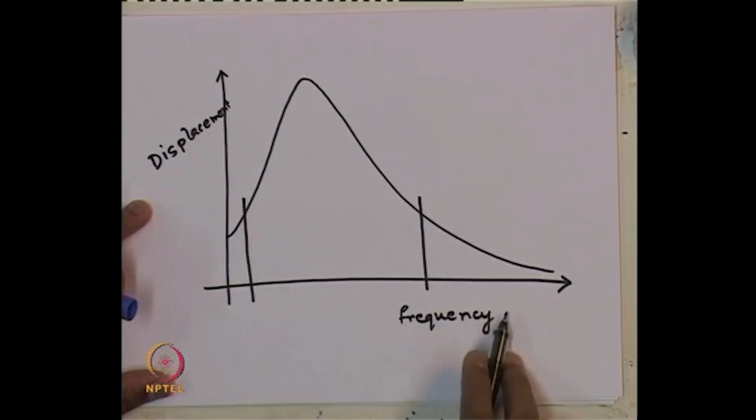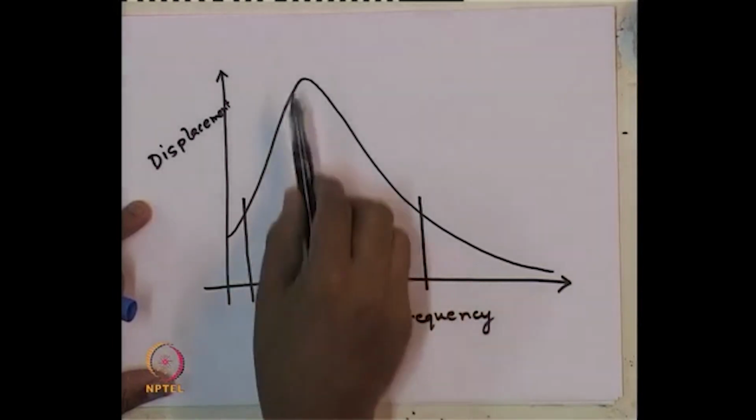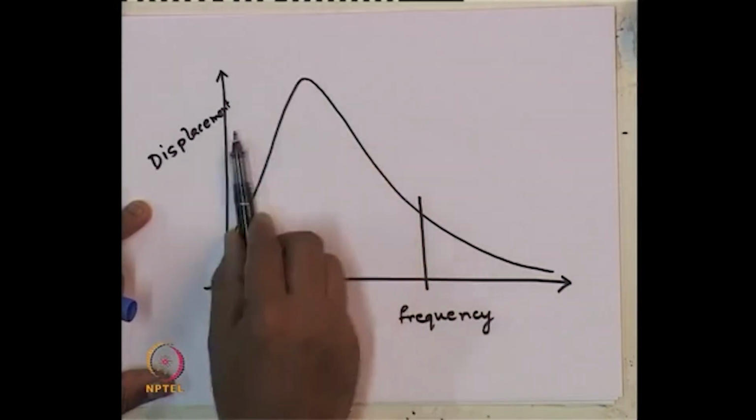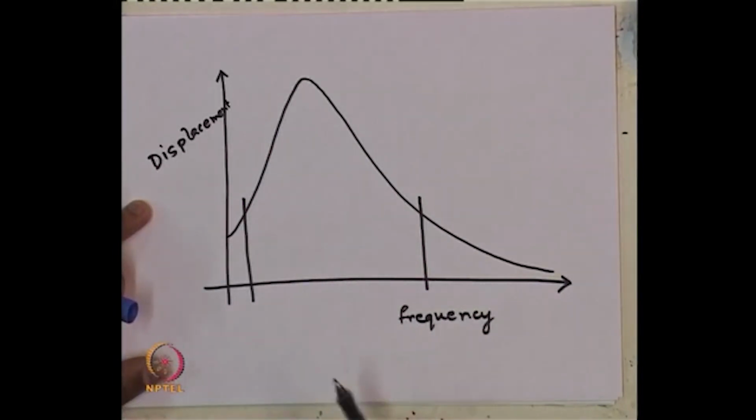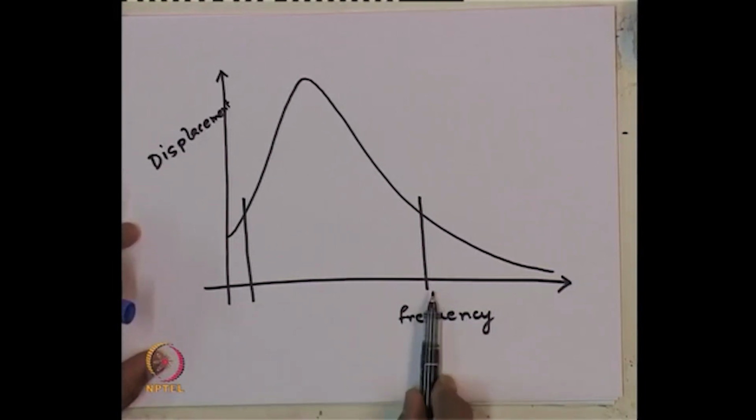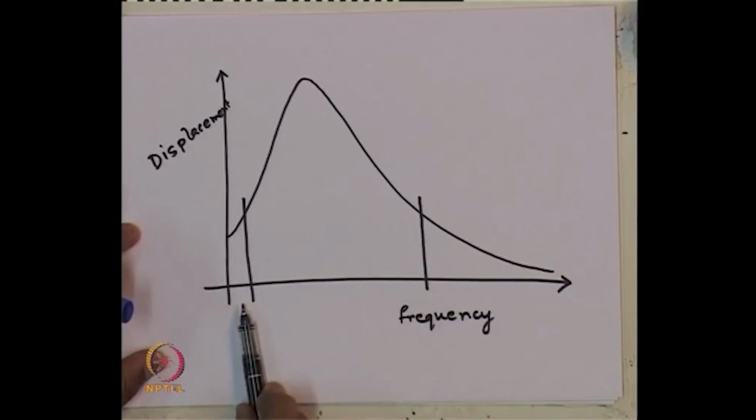That is, if this denotes the applied frequency, it has to be far away from this resonance condition to have much lower displacement. So, we can have either a very high value or a very low value compared to the natural frequency of the machine plus foundation system to take care of this no resonance criteria.